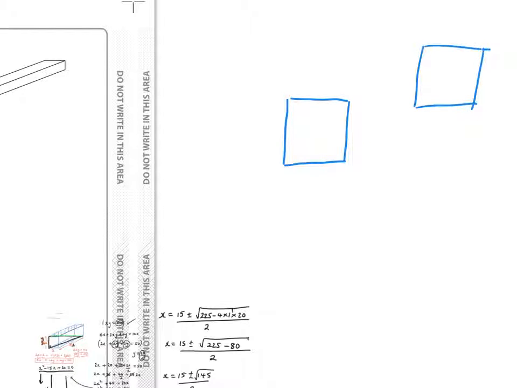So if you have a cuboid like so, won't take too long to do. If you want to find the diagonal, one of the best ways of doing it is you use Pythagoras twice. So we'll mark in the diagonal we want to find.